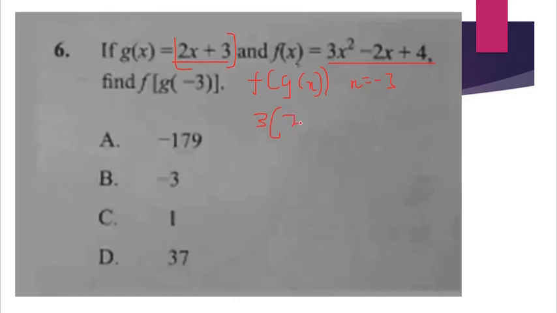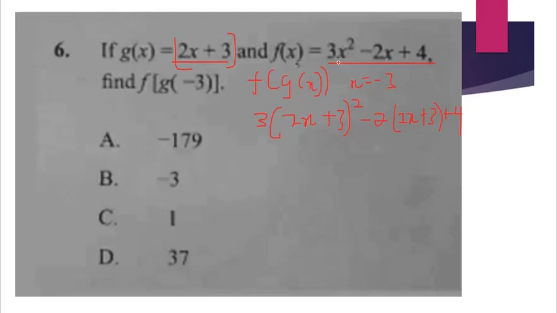So we have 2x plus 3, and then we will bring out exponent 2, and then we proceed from there. We have 2 again, and we have x. So replace the whole of x with the whole of g of x, which is 2x plus 3. So we have 2x plus 3, and then you close the bracket, and then we have plus 4. That is what the entire of this is all about.